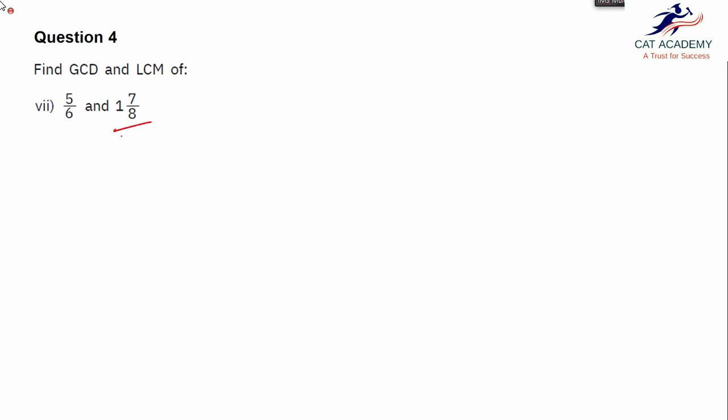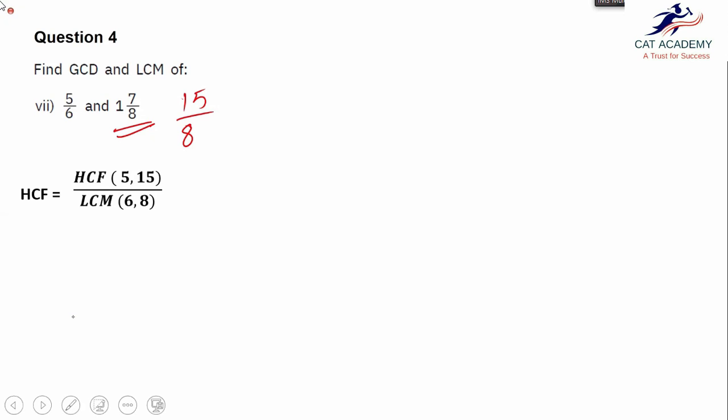I cannot use it in this form directly. So first I have to convert it into improper fraction. Tell me the conversion. What will be the conversion? 15 by 8. Yes. So 15 by 8 and 5 by 6. Then I have to find HCF of 5 and 15, LCM of 6 and 8.